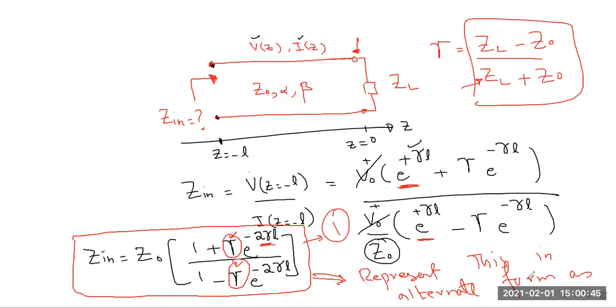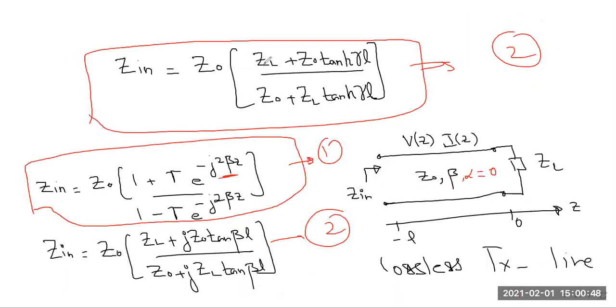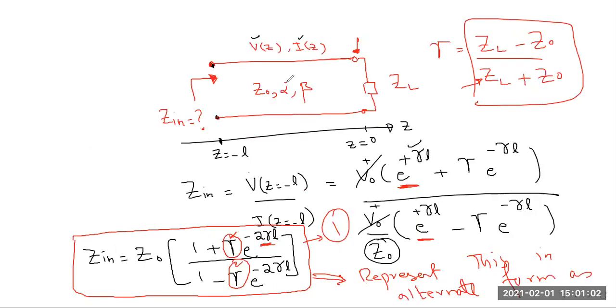But for a lossy line, you have ZL plus Z naught tangent hyperbolic gamma L. So you can see that we are having gamma over here, and only beta over here, because of this reason. For a lossy line, this alpha is not equal to 0. Because of that, you can see the corresponding changes in the expression of the impedance equation.